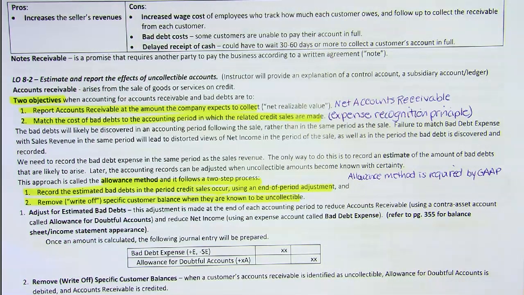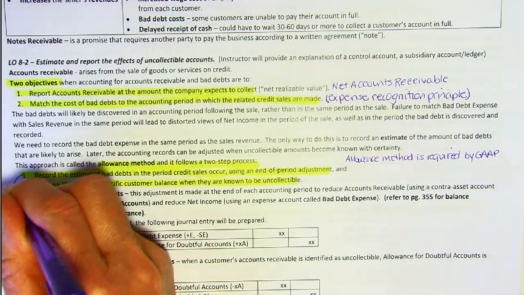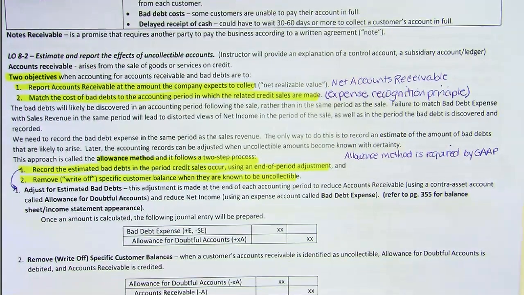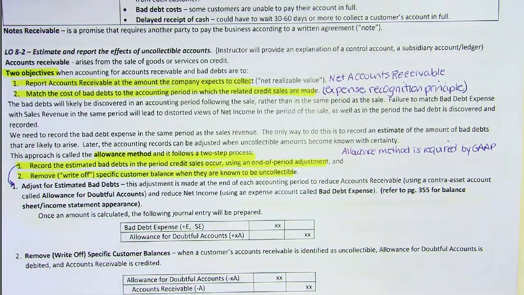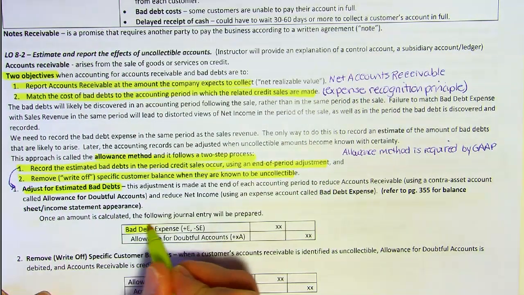And then when a specific customer's debt goes bad, then we write off or take off the books that customer's balance. And so let's take a look at the entry that represents the first step of that process. Adjust for estimated bad debts.